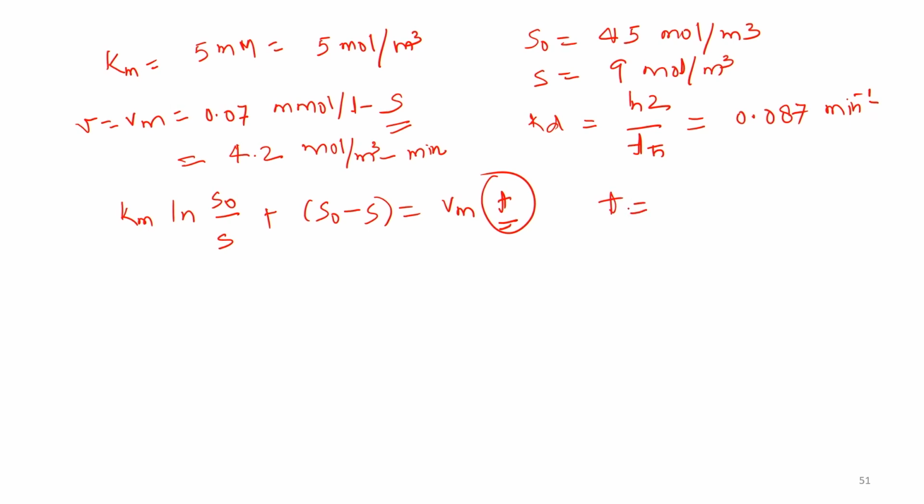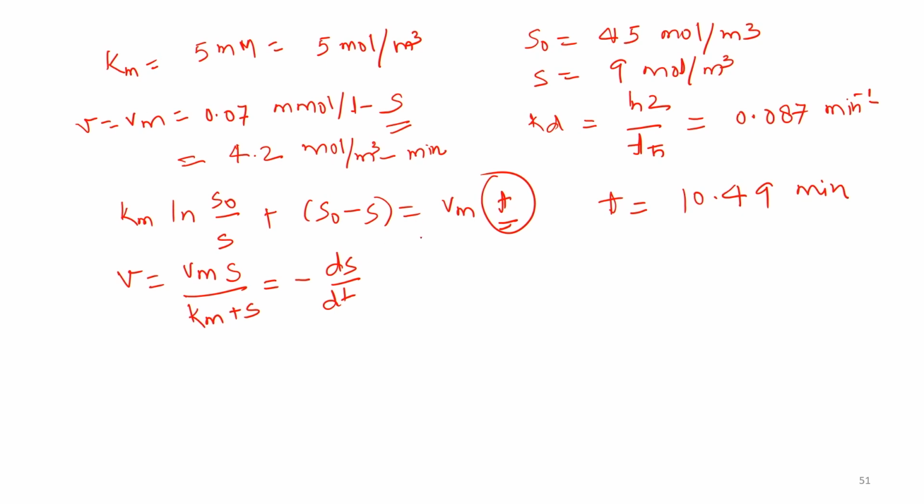I can find the value of T. This will be equal to 10.49 minutes. This equation came from V equals V max S upon Km plus S, and V is minus dS upon dt. So, we integrated it and we got this.